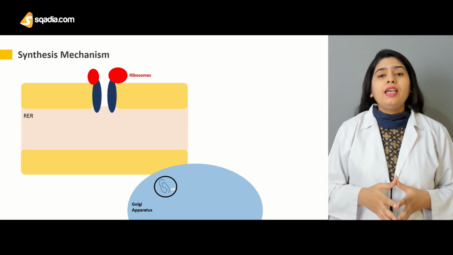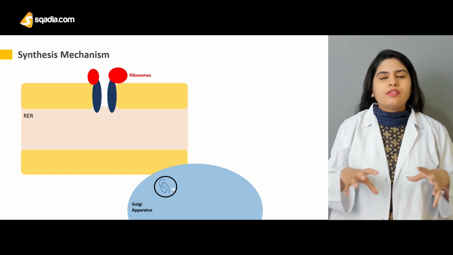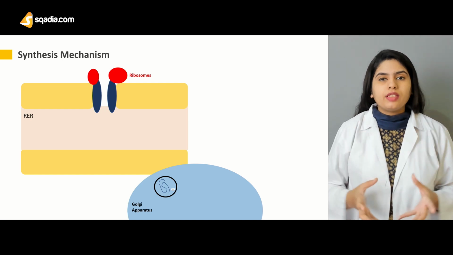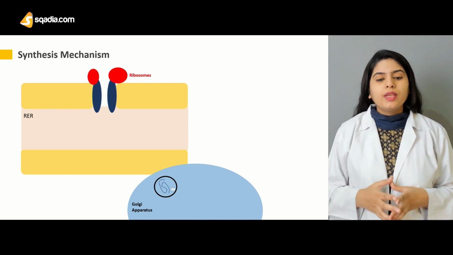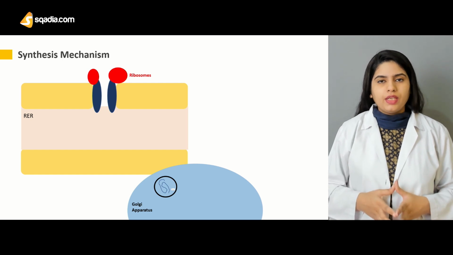This is basically a secretory pathway that involves the ribosome, the endoplasmic reticulum, and then the Golgi apparatus, which is mostly known for packaging things into vesicles. So now let's see what is happening inside this vesicle.